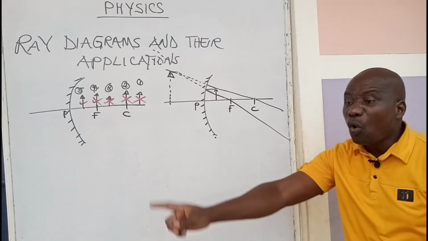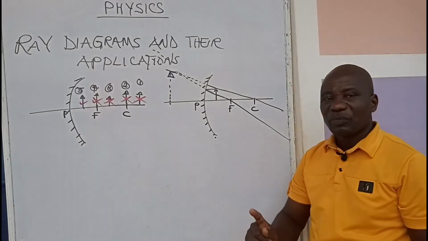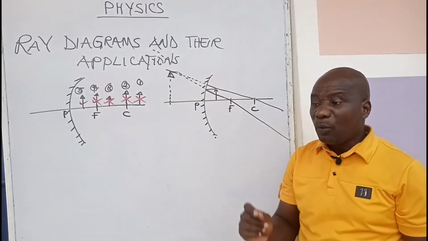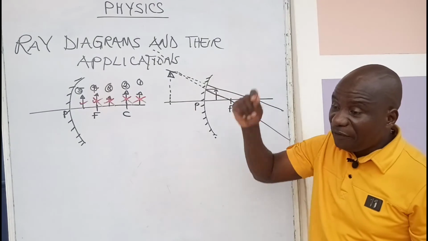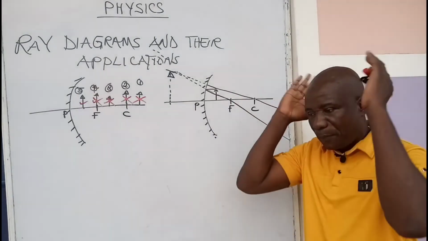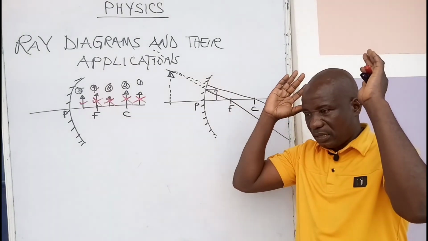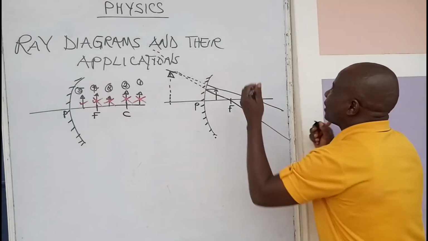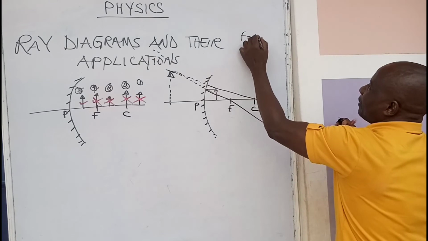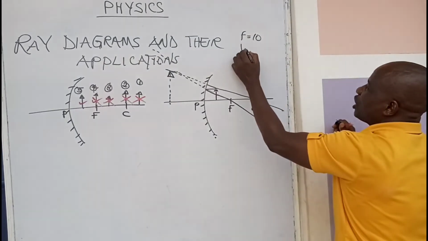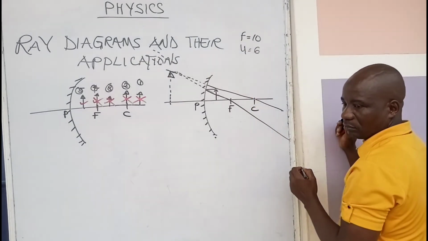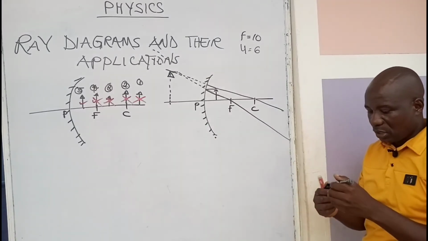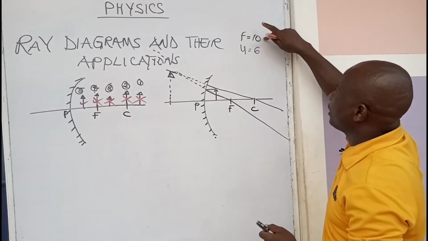Class, that is the only condition by which a concave mirror produces an upright image. That is, if you are told that the focal length is 10 and the object is placed at 6, you can see the application. The focal length is 10.